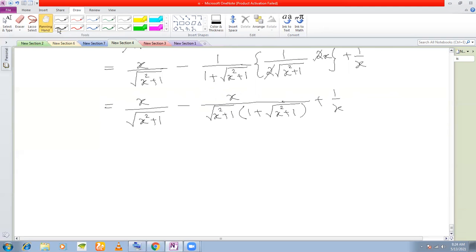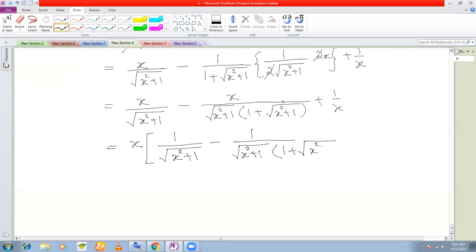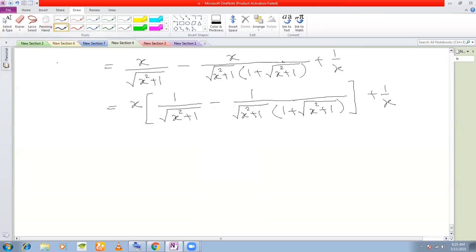So now what you can do is you can take x common from the first two to get 1 by root x square plus 1 minus 1 by root x square plus 1 into 1 plus root x square plus 1, only from the first two. Why did I take x common? So that it will be a little easier for me to take the LCM. Okay.